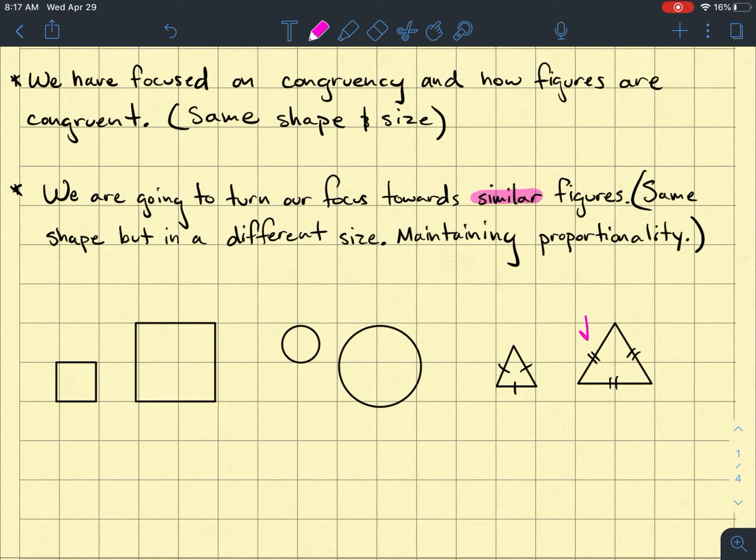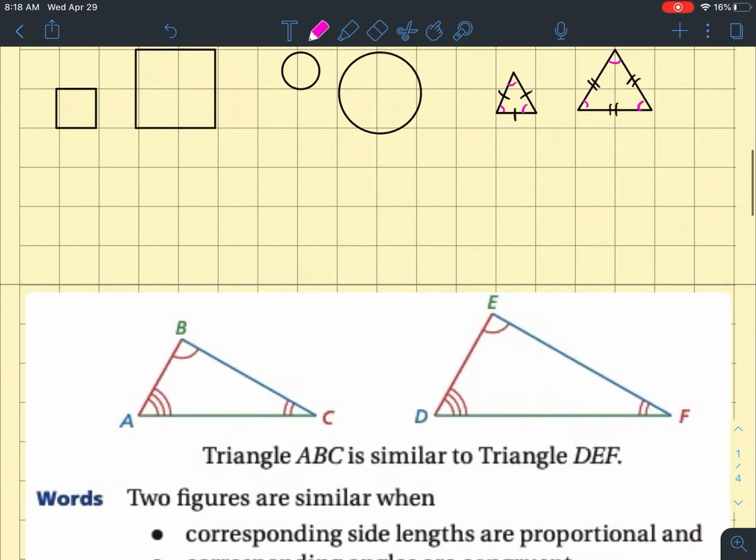And you could tell on the bigger triangle that every single side is the same length, so both are equilateral triangles. That means that their angles are all 60 degrees, which means that those triangles are similar. Now, they're not congruent because they're different sizes, but they're similar because they are the same shape.